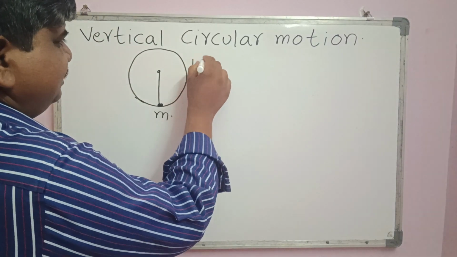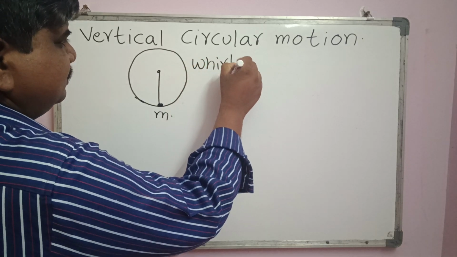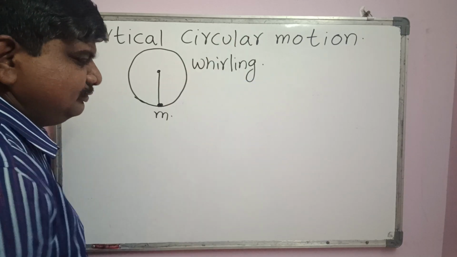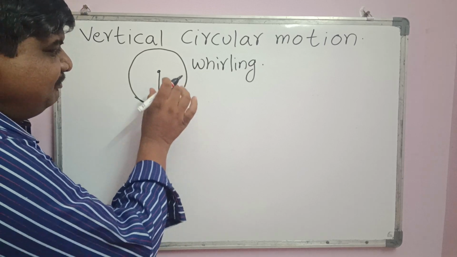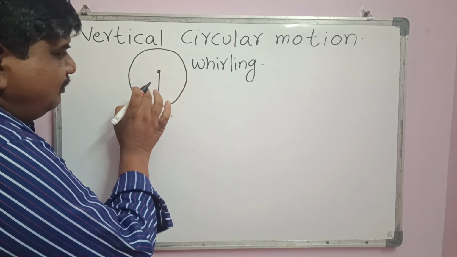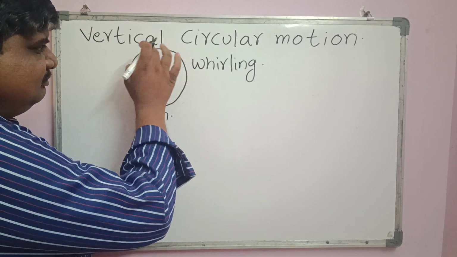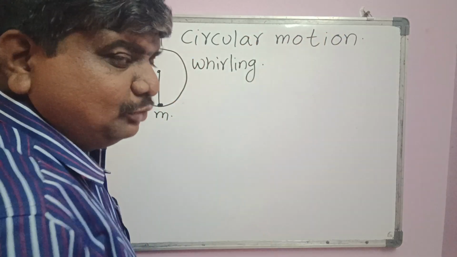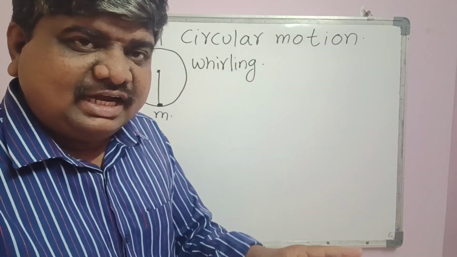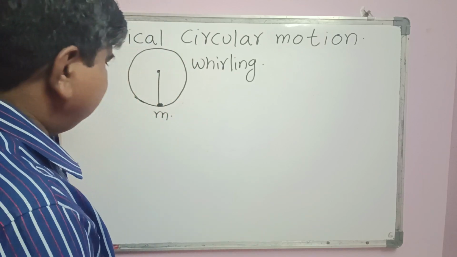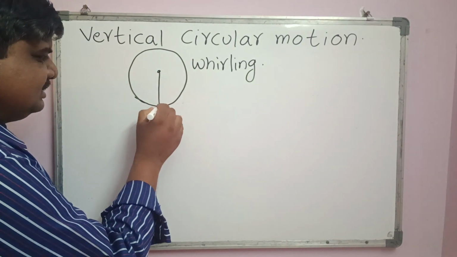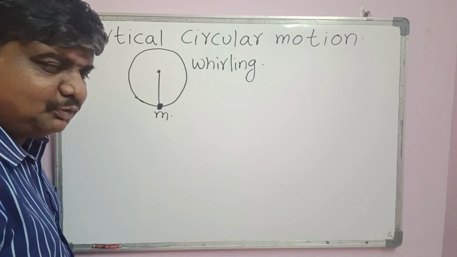So by wheeling this body of mass m, by fixing one end of length L, we can wheel it in vertical circular motion. While it is rotating in vertical circular motion, let us examine the points. This is the lowest position.